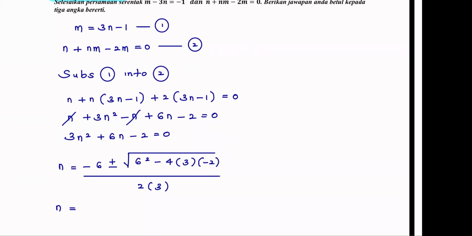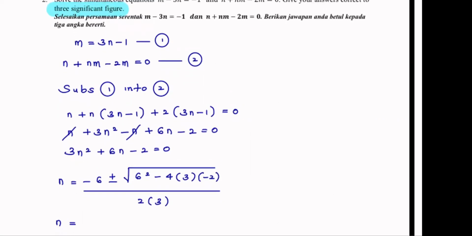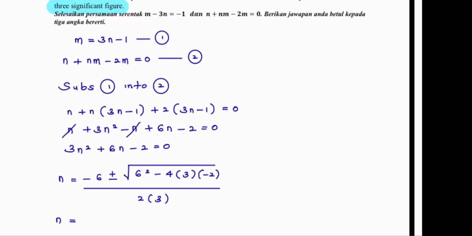So your n, if you use calculator, what do you get? Make sure answer must be in 3 significant figure. 1.577 is the wrong answer. 3 significant figure. 1.58.